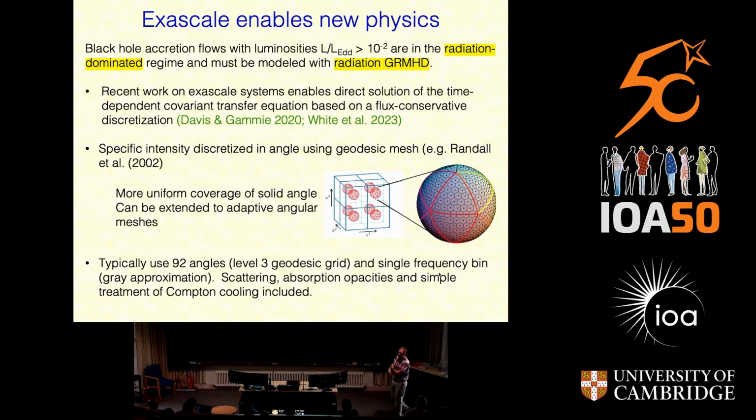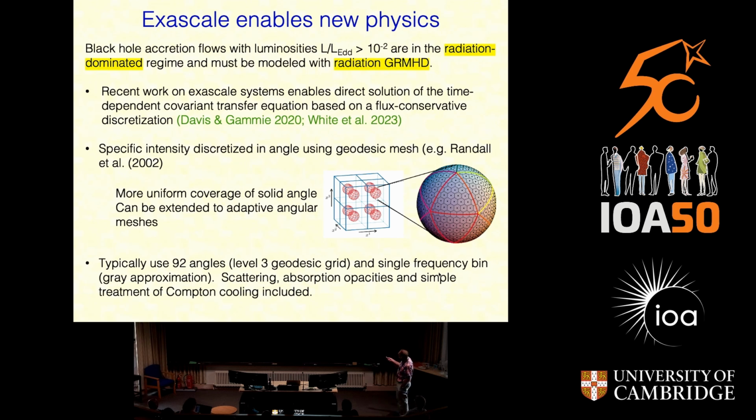And so for modeling those flows, you really want to incorporate the radiation directly. And that means solving the radiative transfer equation in GR, which while somewhat straightforward, is expensive to do, because you have to resolve the radiation specific intensity over many, many angles, and in principle, many frequencies as well, in order to model the radiation. So that's what we've done. We simply discretized the covariant radiative transfer equation in GR.